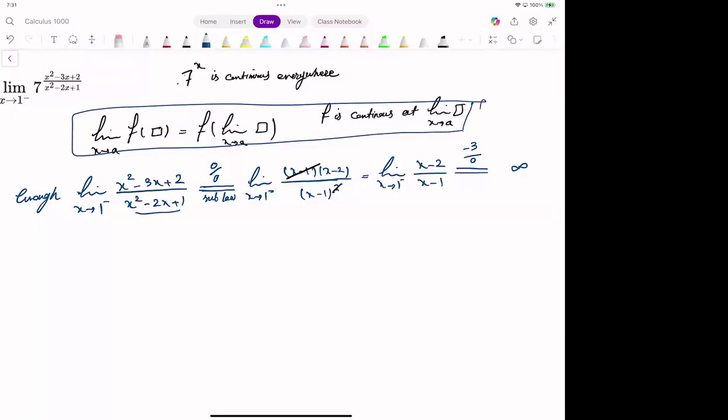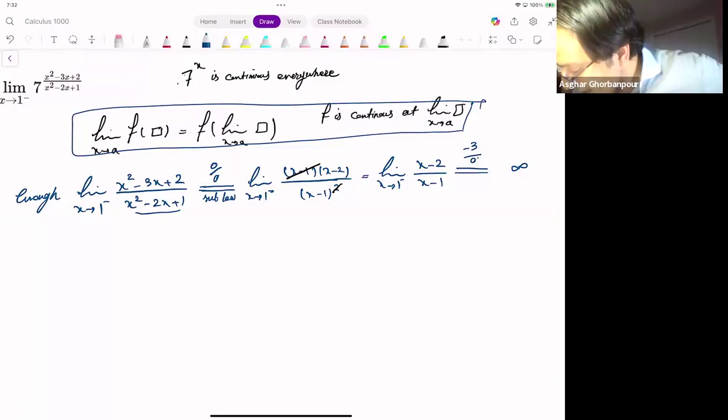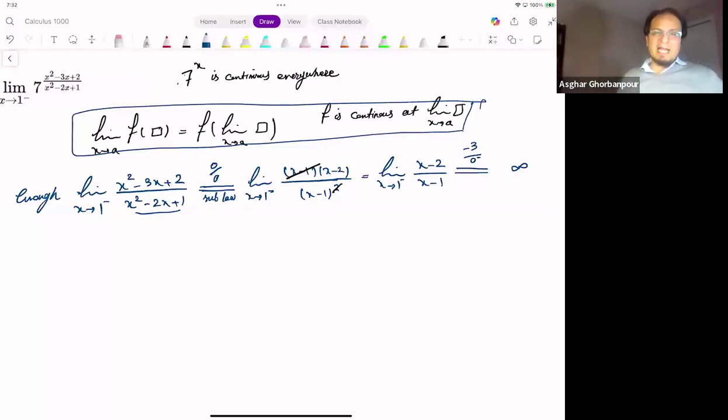Because x is approaching 1 from the left, which means the denominator is approaching 0 using numbers less than 0, because x is less than 1, so it is a negative number approaching 0. The numerator is another negative number. That's negative times negative, so we get plus infinity.